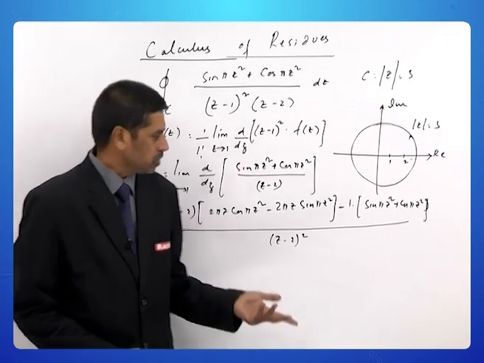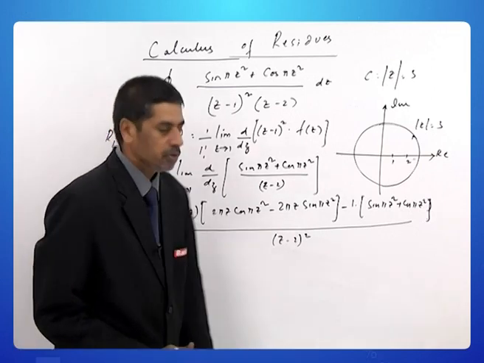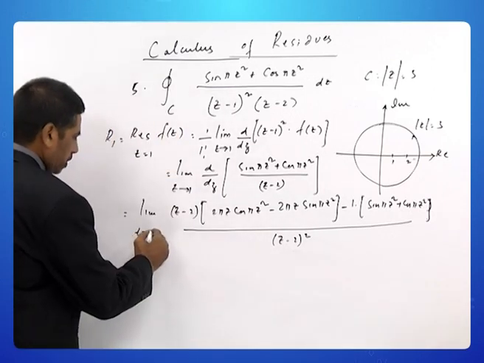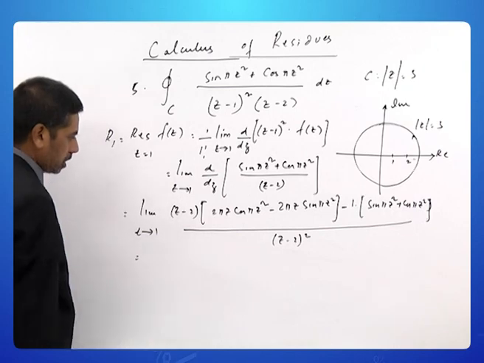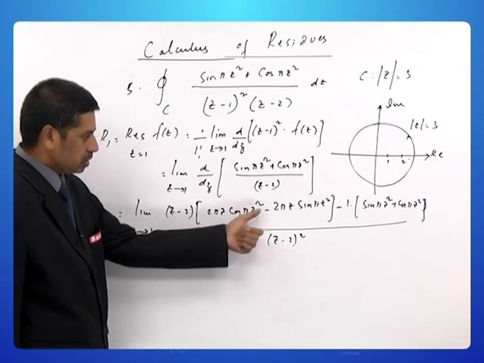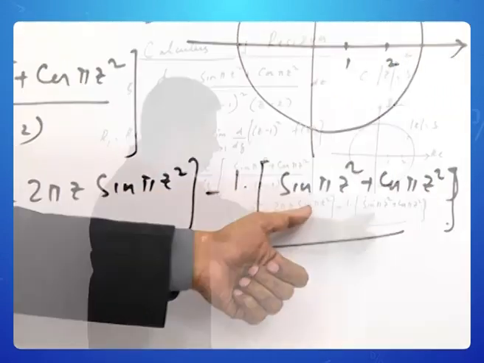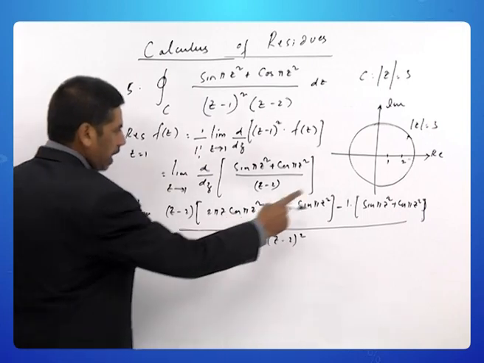Now, you do not have to bother simplifying this, but you can directly substitute z is equal to 1. So, when z is equal to 1 is substituted, let us see what is the result. Now, this will be cos pi, this will be sin pi. So, sin pi is 0, this sin pi is also 0. So, what remains is only this and that.